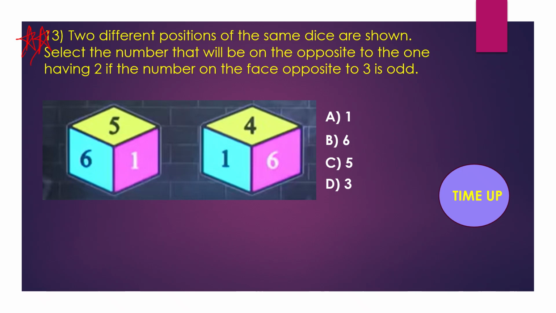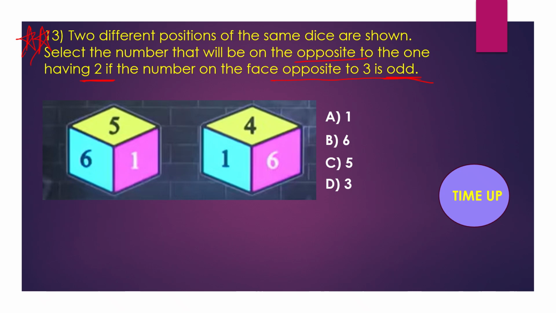So what does the 13th question say? Two different positions of the same dice are shown. Select the number that will be on the face opposite to the one having 2, if the number on the face opposite to 3 is odd. So you need to find out the opposite of 2. Okay. If the number on the face opposite to 3 is odd.